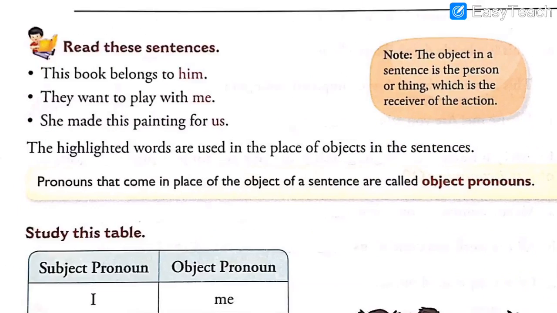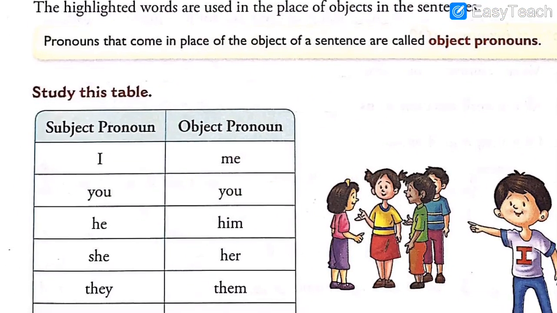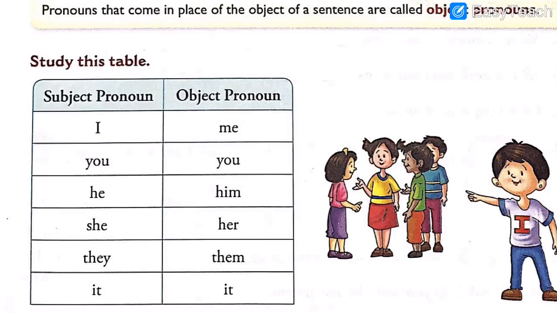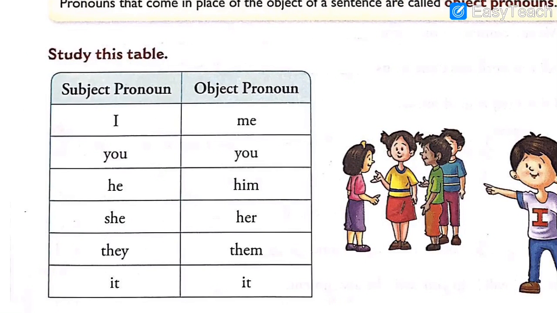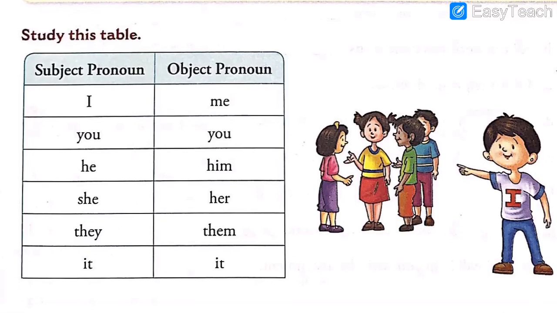And one more important thing that we had learned is object pronouns, that the pronouns that come in the place of the object in a sentence are called object pronouns. Then we had studied this table, that is a very important table. I told you to write it in your notebook. Once in your notebook, every day you should write for 1 week the difference between subject pronouns and object pronouns.